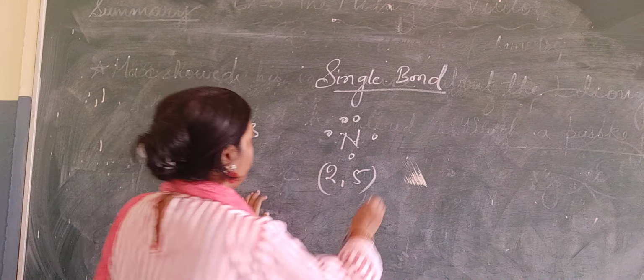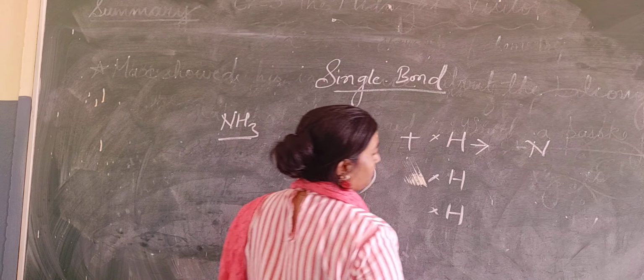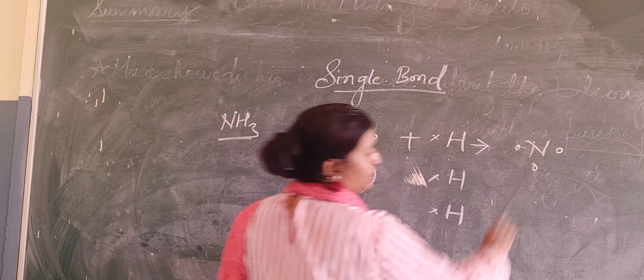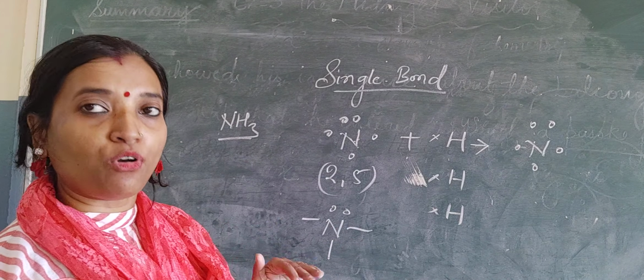Okay. So let's see. These are the electrons of nitrogen. These two I am making together because I want to make single bond.